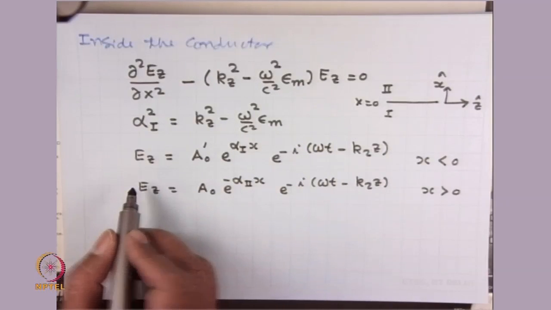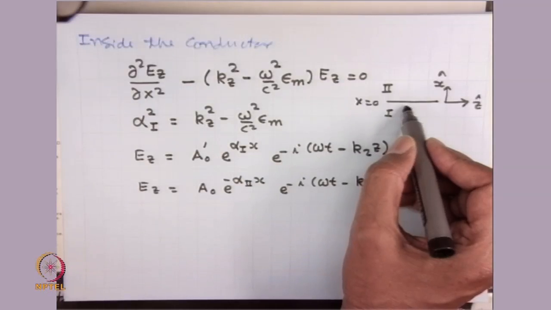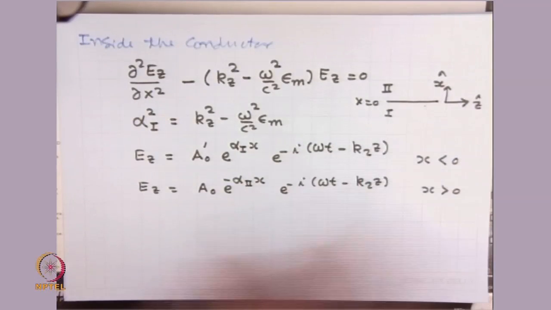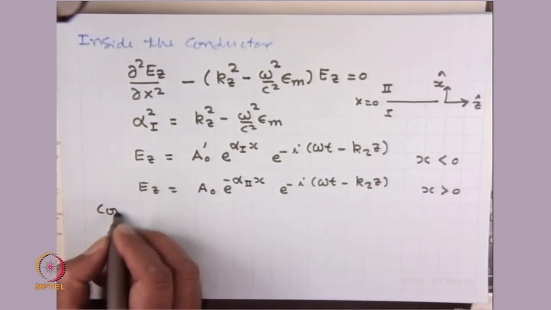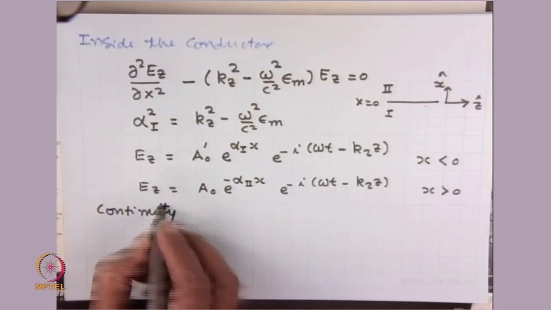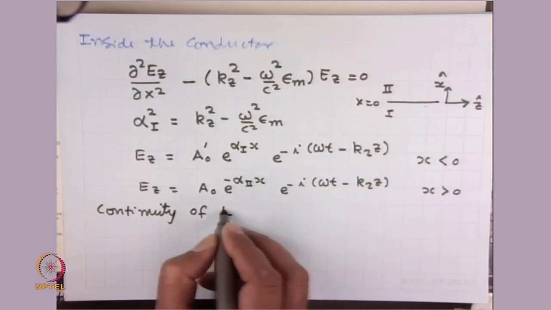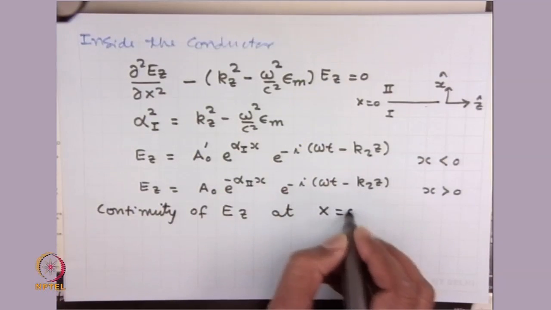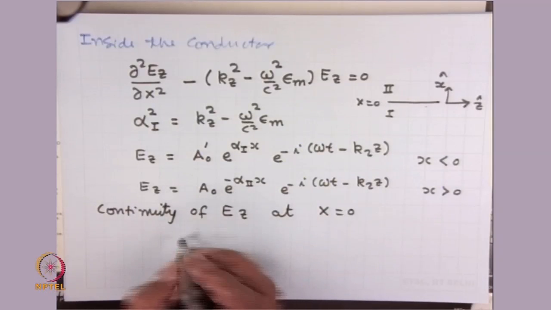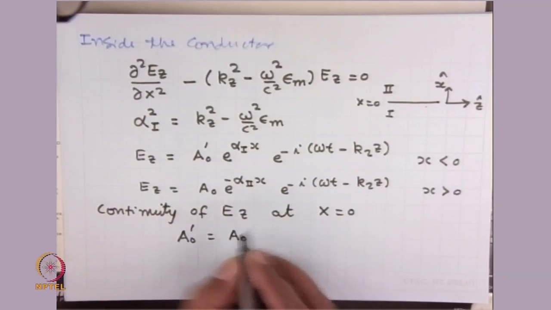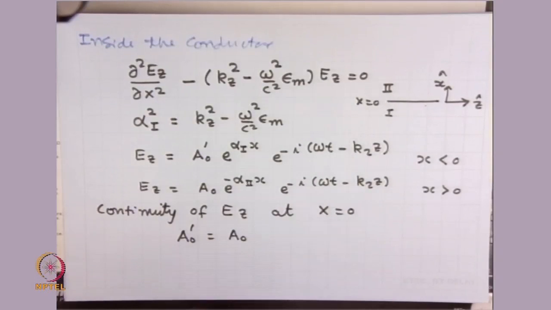Continuity demands that Ez, the tangential component of electric field, should be continuous at this interface. So continuity of Ez at x equal to 0, this is the interface, demands that A0 dash should be equal to A0. Put x equal to 0 here, everything is the same except this quantity.